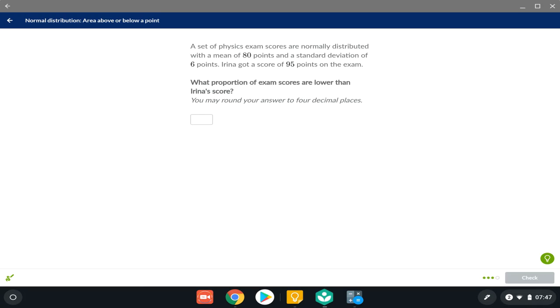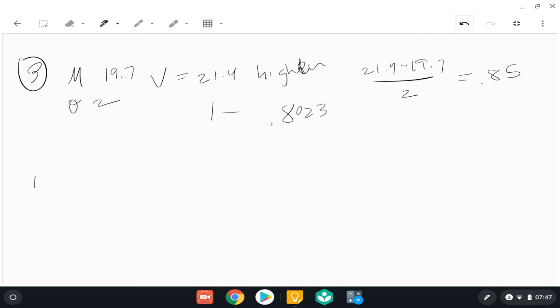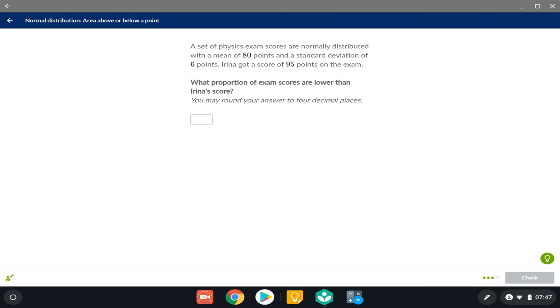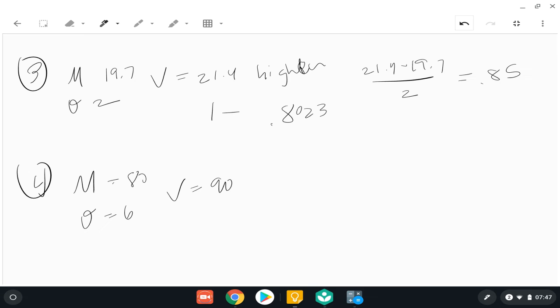Okay, one more. Here we go. Lower, so we don't need to invert it. The mean is 80, the standard deviation is 6, and the value is 95.